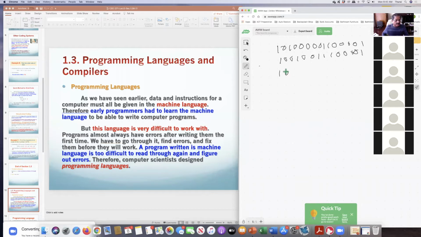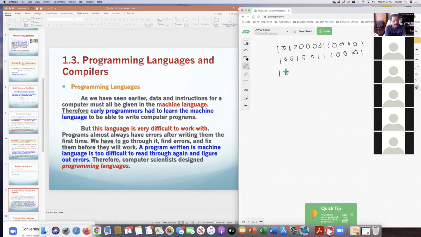So they were able to come up with a solution. It's impossible to work with the machine language. So they decided to come up with another language which would be easy to work with, a language that can be easier for humans to write programs in, and that's what a programming language would be. Programming languages are also called high-level languages.